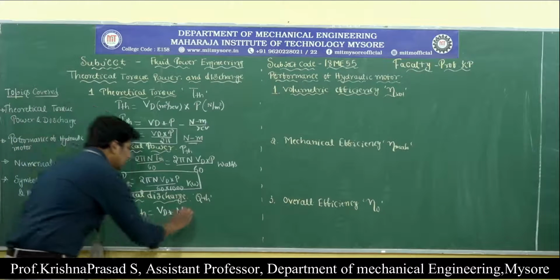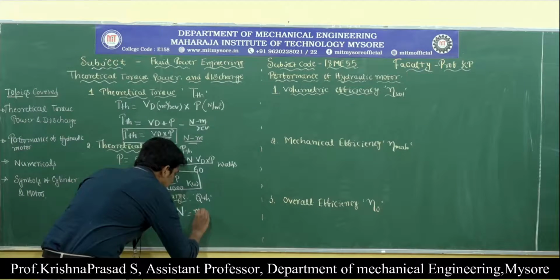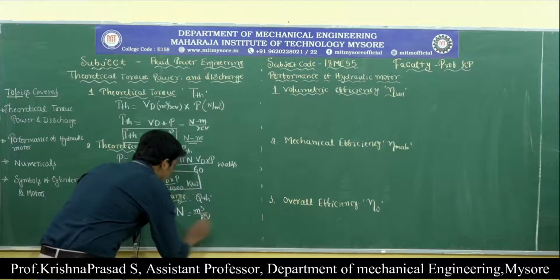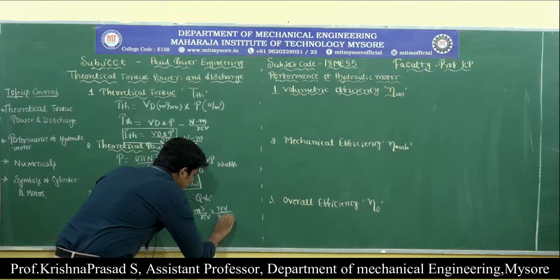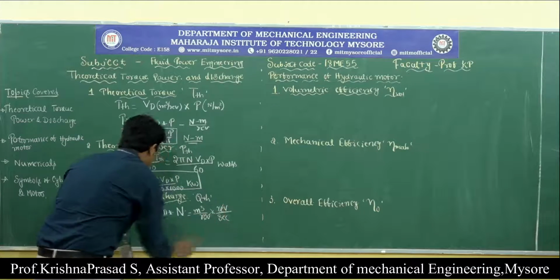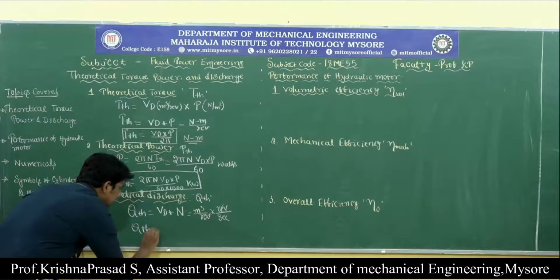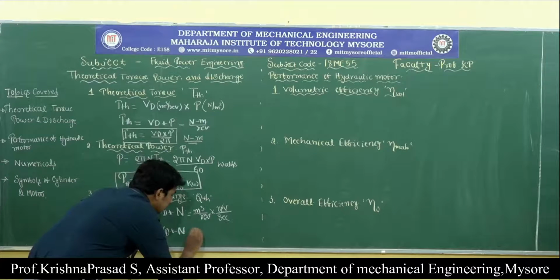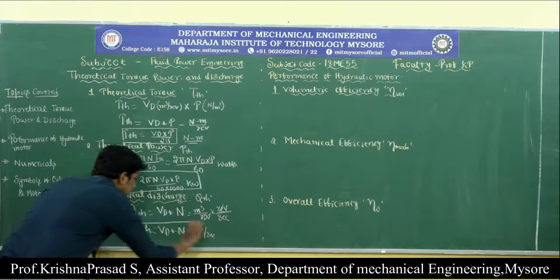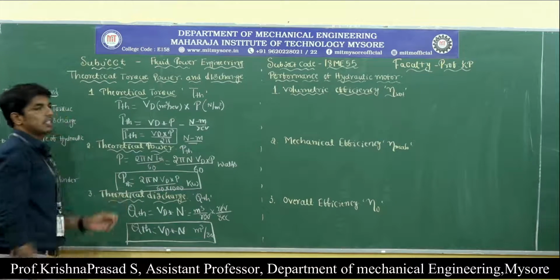Here volumetric displacement is usually measured in terms of meter cube per revolution and speed in terms of revolution per second. So the revolution gets cancelled, and theoretical discharge is equal to Vd into N, which will be in meter cube per second. So this is called the theoretical discharge.